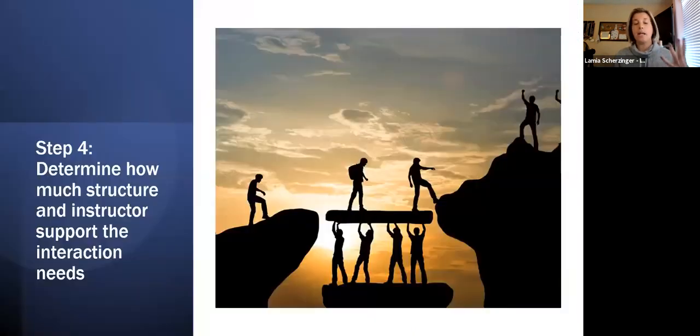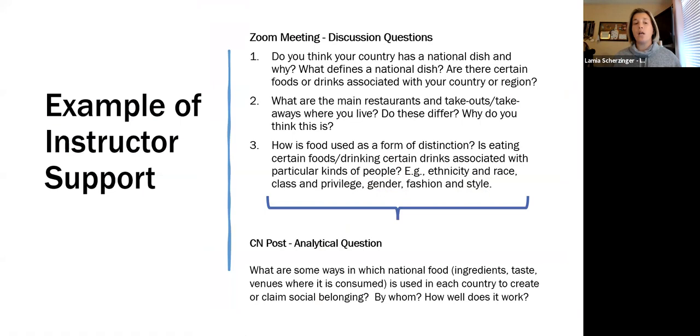And then finally, you want to kind of look at how much structure do they need and how much do I want to put into that. So for example, here we can provide discussion questions within a Zoom meeting. And again, this is centering around, does your country have a national dish? What defines it? And what are the main restaurants and takeouts where you live? And how do those differ?